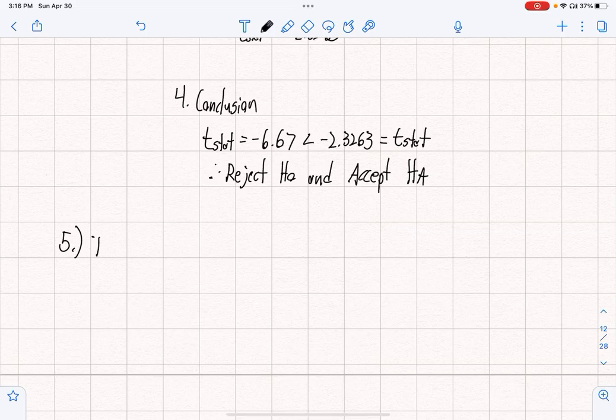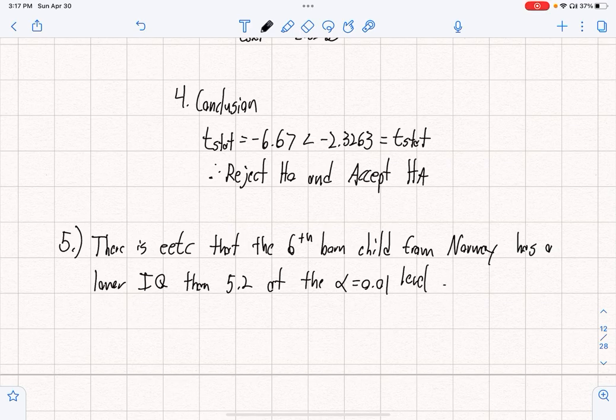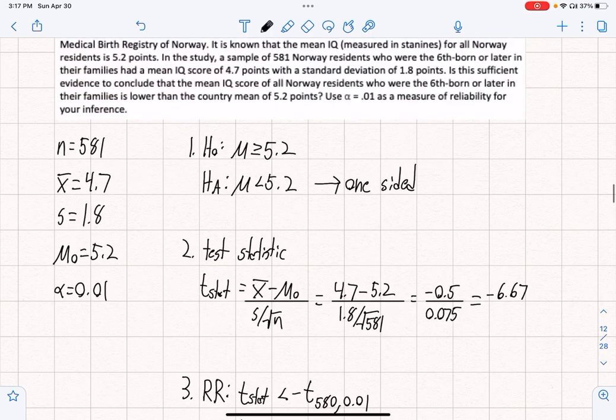So what we're going to say is there is enough evidence to conclude that the sixth born child from Norway has a lower IQ than 5.2 at the alpha equals 0.01 level of significance. This was the critical value approach.